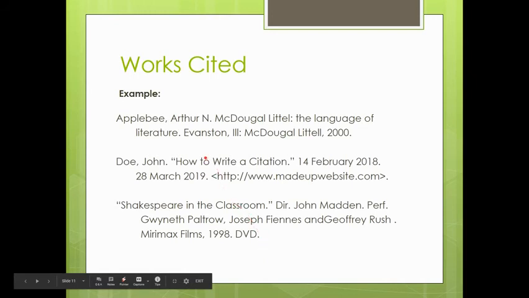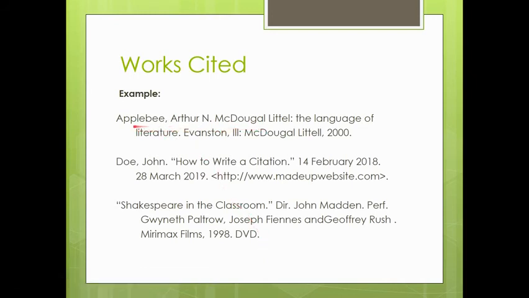Okay, so let's look at what this would look like with multiple sources. Here I have 3 different sources. I have the textbook that I got information out of. This is not the author, this is the publisher: Appleby, Arthur N. McDougall Littell, and the name of the textbook, The Language of Literature.